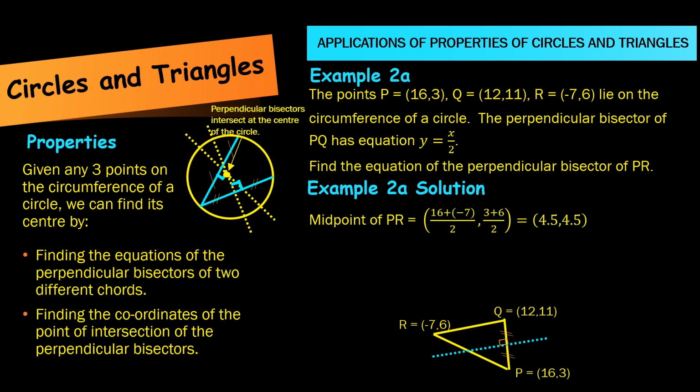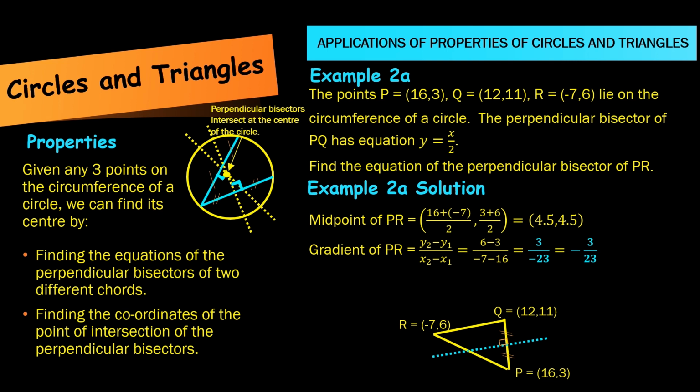The gradient of PR is equal to change in y over change in x, which is 6 minus 3 all over minus 7 minus 16, which is equal to minus 3 over 23. As shown.